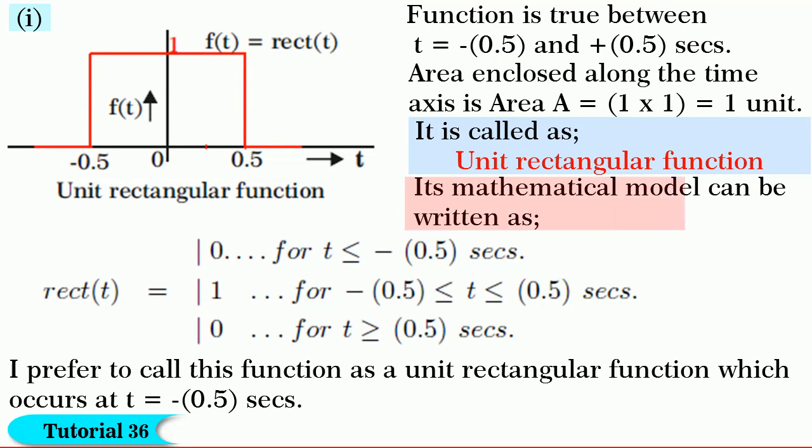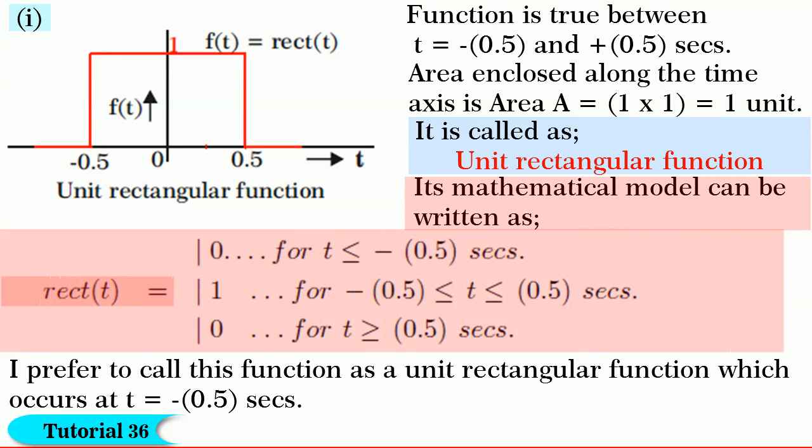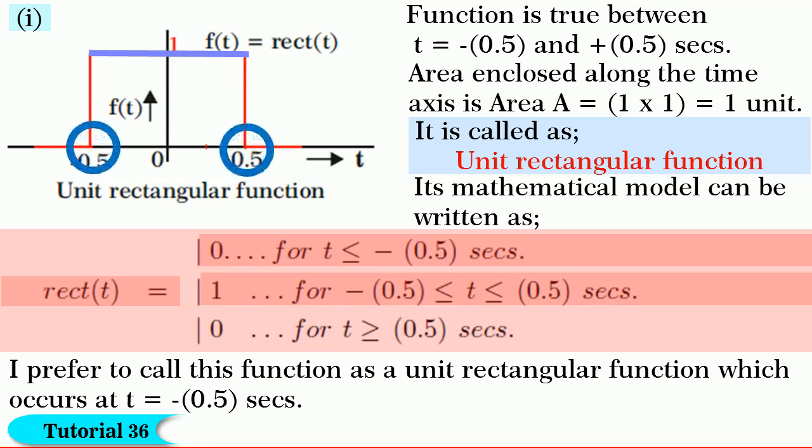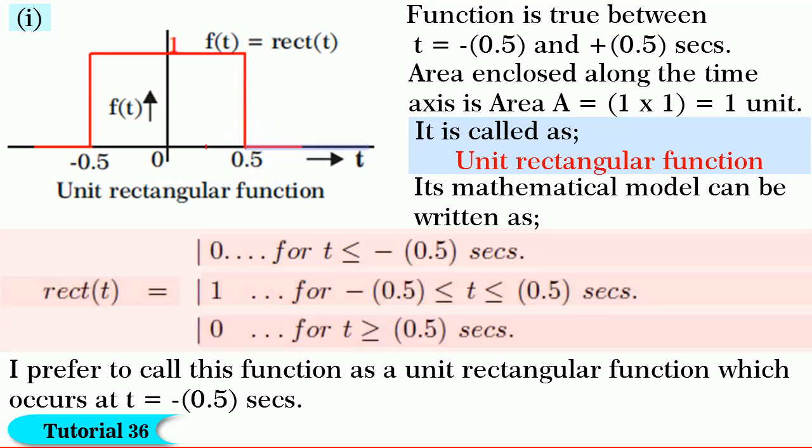Its mathematical model can be written as rect of t is equal to 0 for t less than or equal to minus 0.5 seconds, and 1 for time t between minus 0.5 to plus 0.5 seconds, and again it is equal to 0 for t greater than or equal to 0.5 seconds.